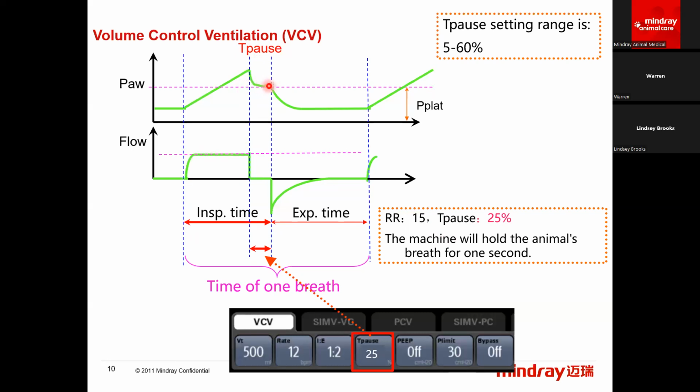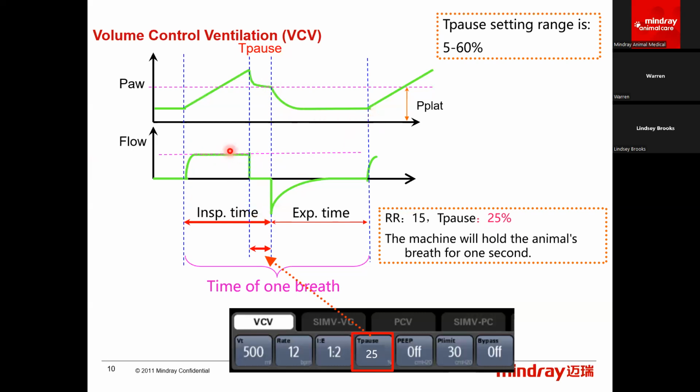What this does is increase your mean airway pressure. It's going to help your distal alveoli open up a little bit more. And then after they hold their breath for just a second, they exhale as normal.